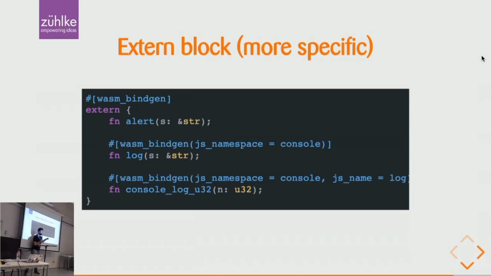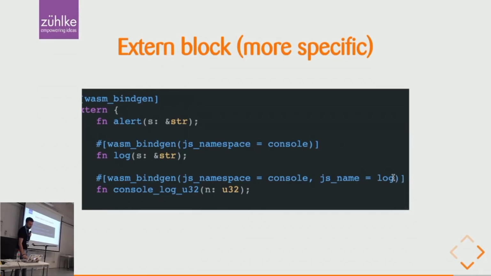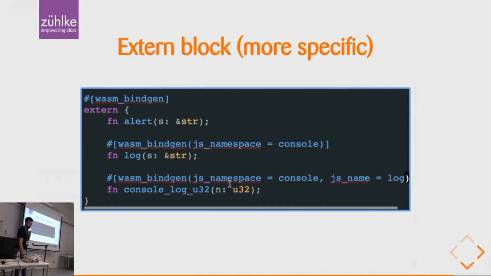You can even go further and say, okay, the JS namespace is console, and the function name is log, but in Rust, that function name will be console_log_u32. So WebAssembly will not look at your function name anymore. It will only check these two variables if you set them.